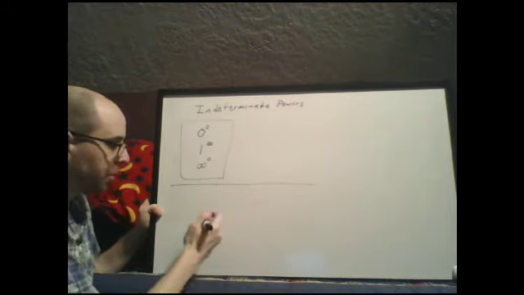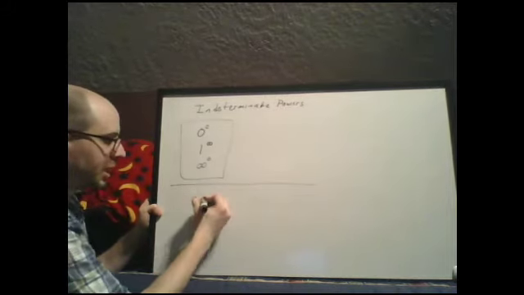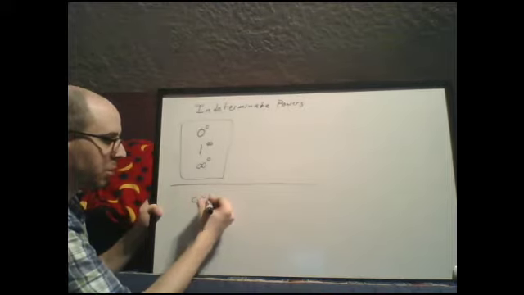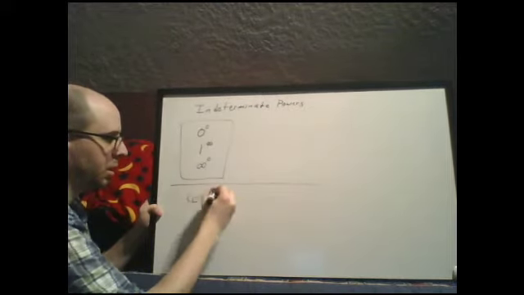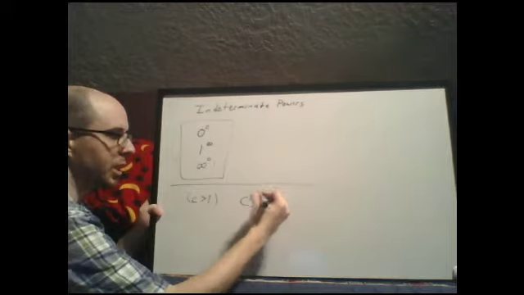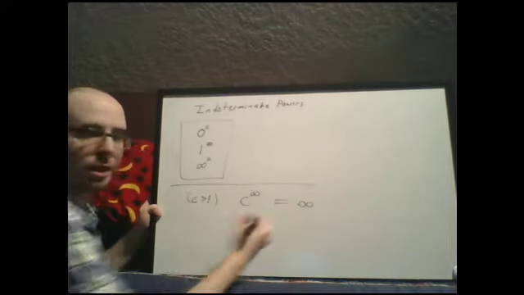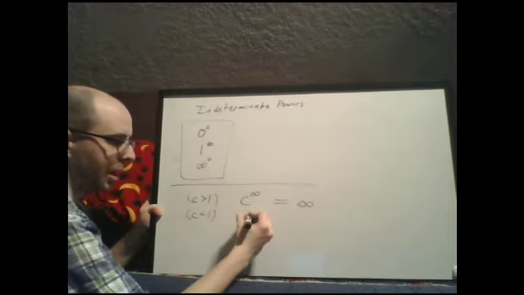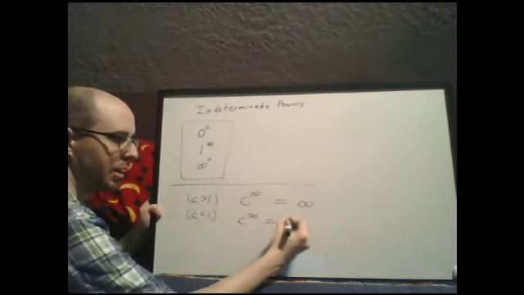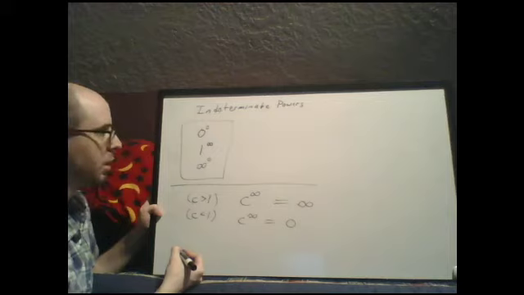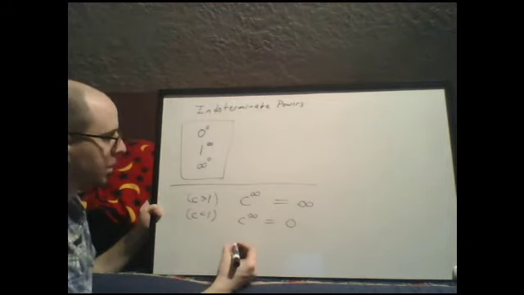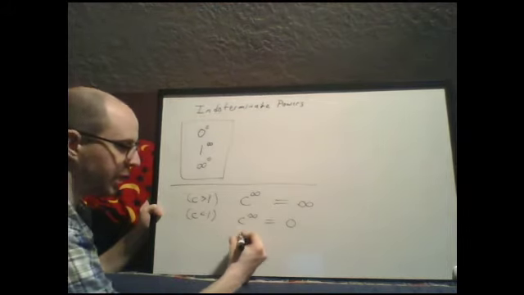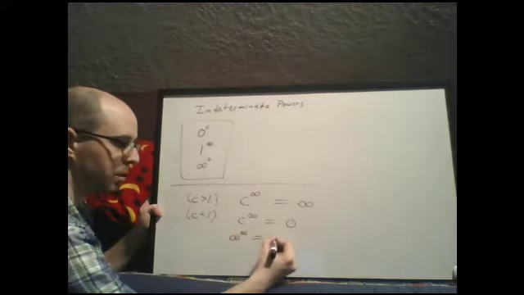So, for example, if I have C, which is bigger than 1, and I get C to the infinity, that would be infinity. If C is less than 1, and I have C to the infinity, that would be 0. Infinity to the infinity would be infinity.